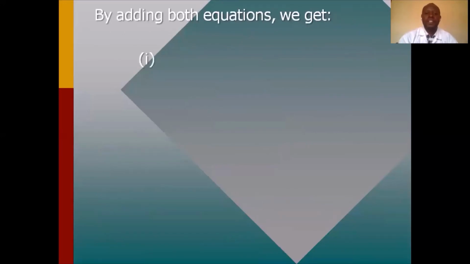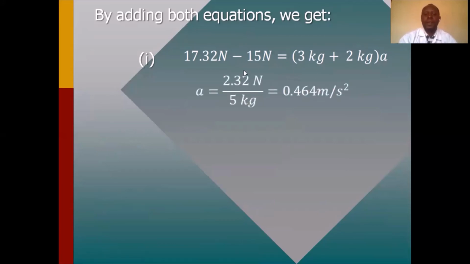By adding the two equations, we get 17.32 minus 15 Newton is equal to 3 kilogram plus 2 kilogram times acceleration. And then acceleration is equal to 2.32 Newton divided by 5 kilogram, which is equal to 0.464 meter per second squared.